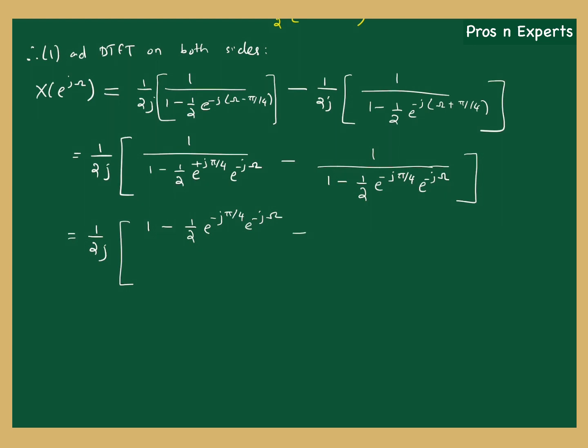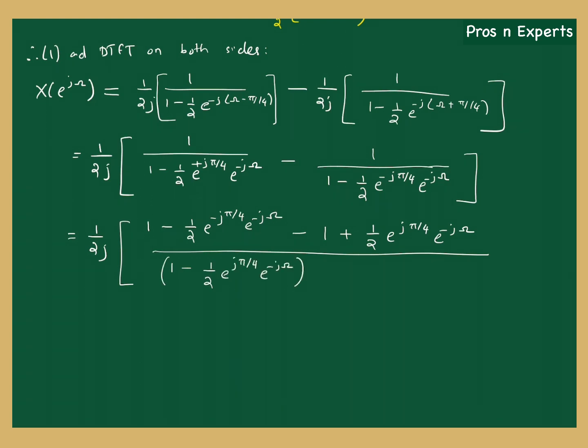Okay, so minus of 1 plus, there's a minus here, so minus 1 plus, it becomes plus half e raised to j pi by 4 into e raised to minus j omega, whole divided by the product of the separate denominators. That will give you 1 minus half e raised to j pi by 4 e raised to minus j omega multiplied with 1 minus half e raised to minus j pi by 4 e raised to minus j omega.